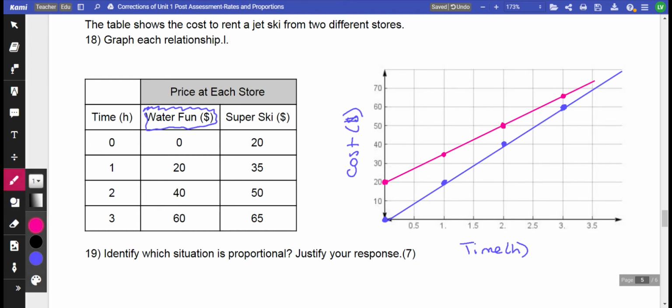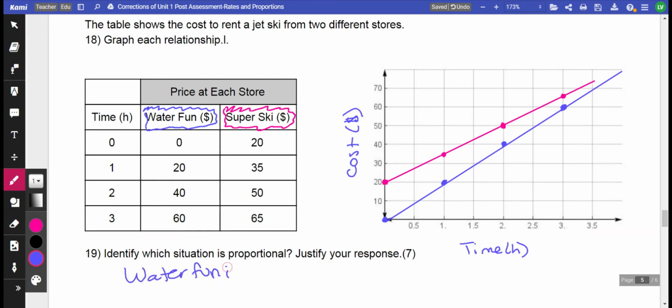Number 19, identify which situation is proportional. Justify your response. So it is going to be the Water Fun, and I should have also gone back and shown that my pink graph was the Super Ski. So identify which situation is proportional.